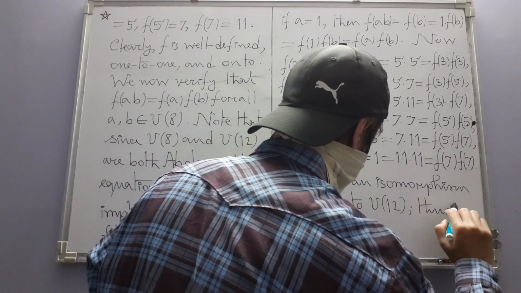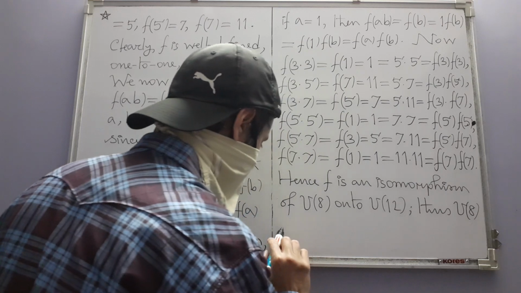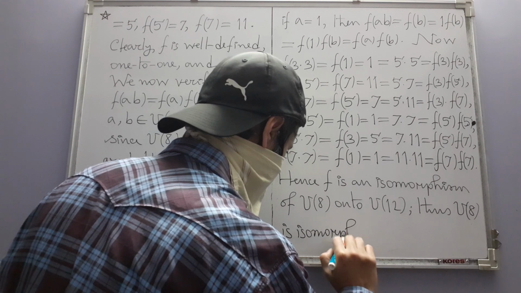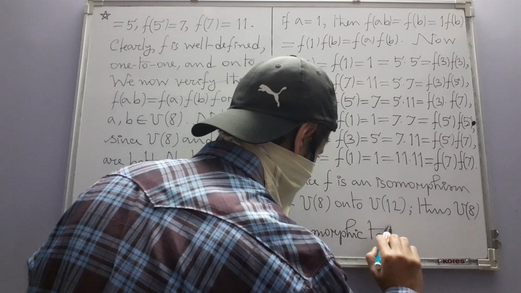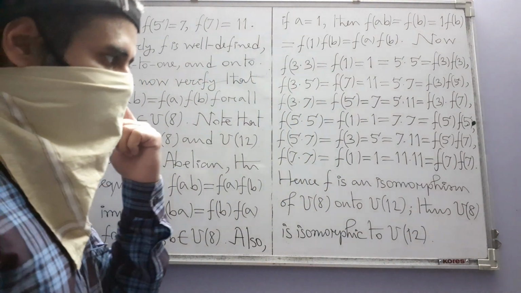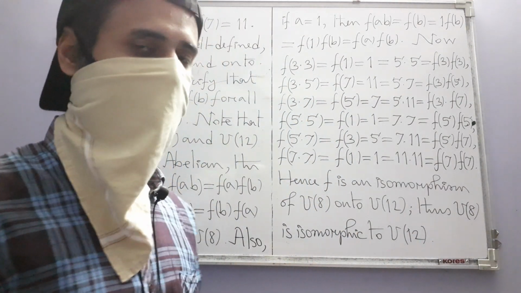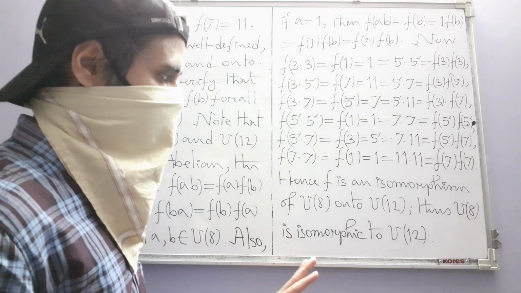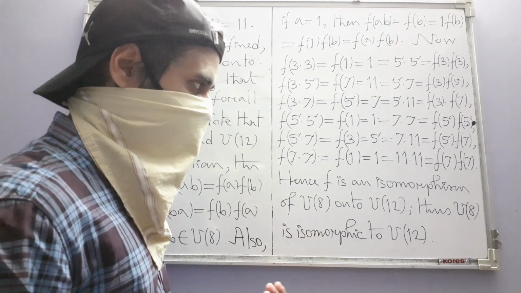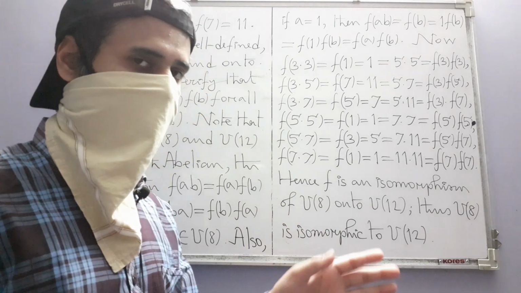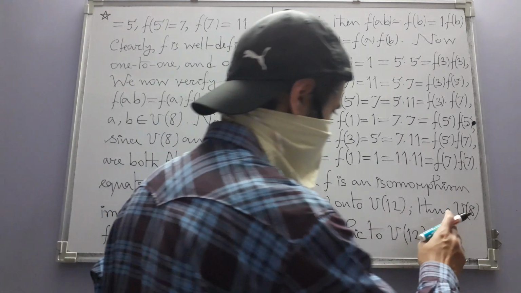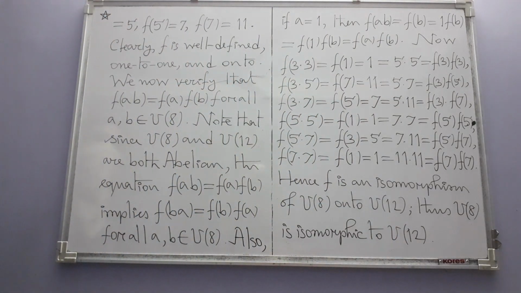Thus, U8 is isomorphic to U12. So isomorphic groups are actually the same structure. There is no fundamental difference between two isomorphic groups. They are just presented or represented differently.